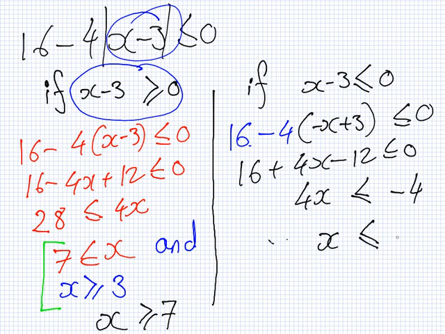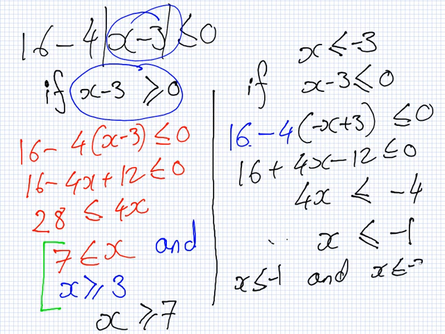So x must be less than minus 1. And here x must be less than minus 3. So your answer is x must be less than minus 1 and x must be less than minus 3. So together, x must be less than minus 1.